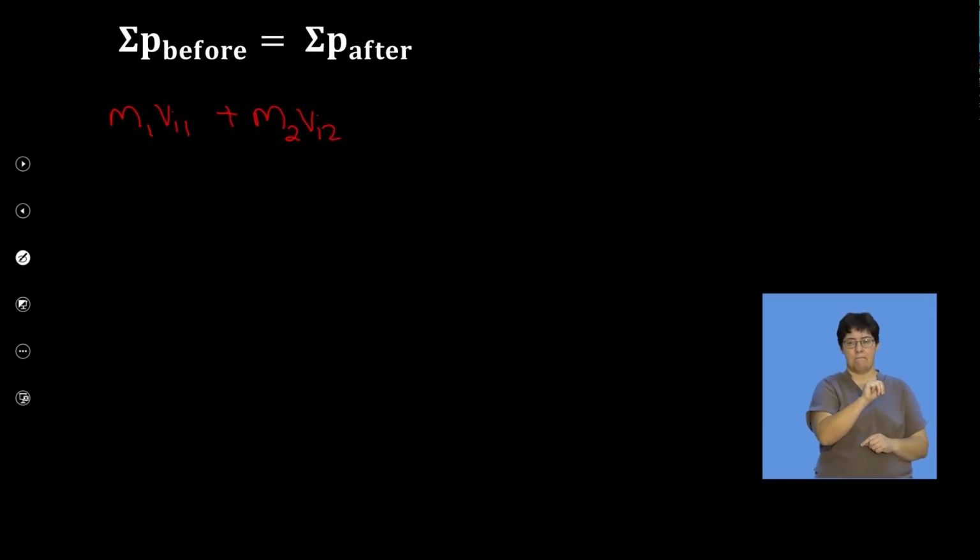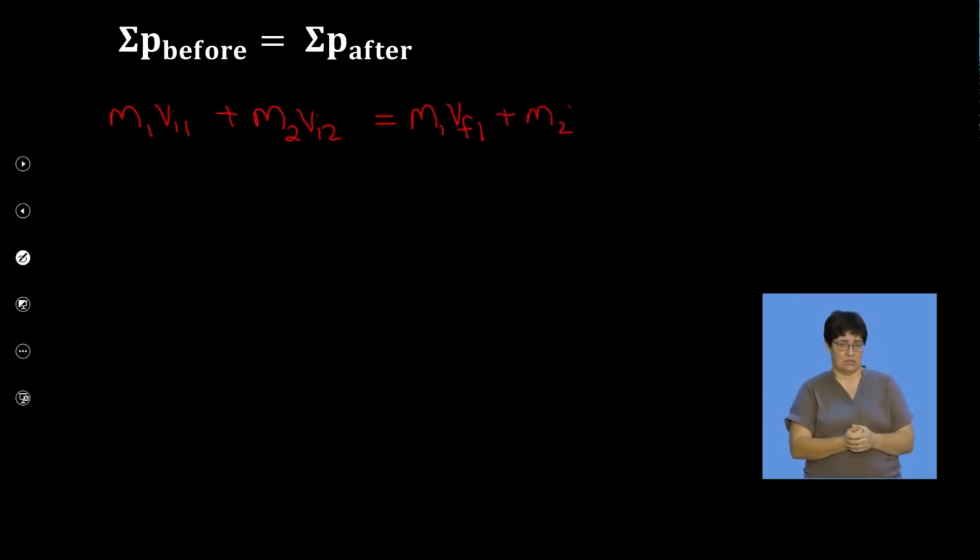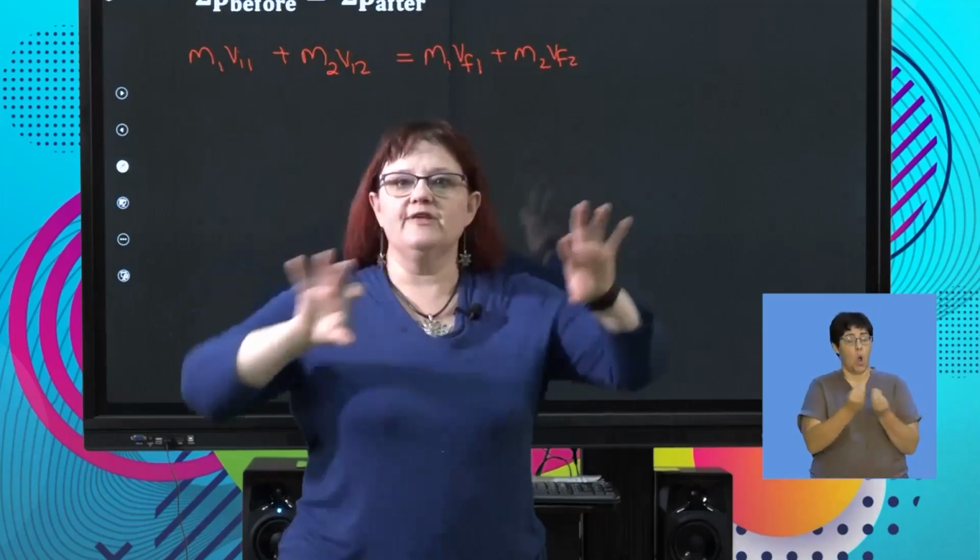All right, so that gives me the total momentum before the collision. Afterwards, we had one option where they were separate. And this is the option you're going to use most of the time, okay? Where the two objects are separate, so you're going to work out all their momentums separately, okay?